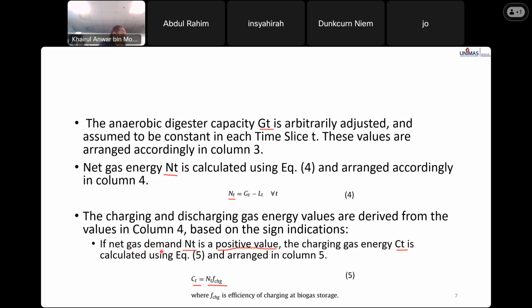If the net gas demand NT is a positive value, the charging gas energy CT is calculated using equation 5 and arranged in column 5. This one is for charging energy. So CT is equal to NT. This column is for charging, and this column is for discharging.